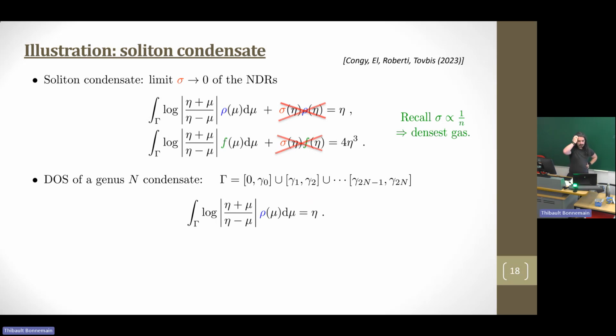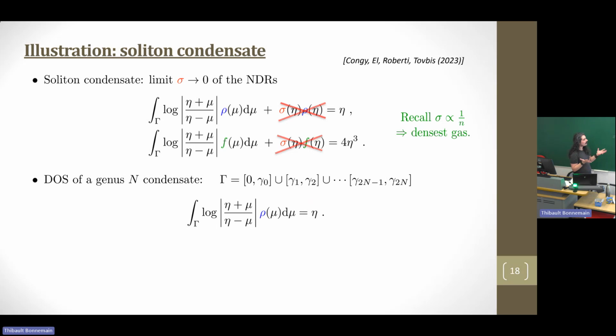Okay. So first, let me show you how to compute the density of states of a genus N condensate. So what I mean by genus N condensate is a condensate associated with N gaps in the spectral support. And here I'll be focusing on the first nonlinear dispersion relation, because the method I will use to solve it can be straightforwardly adapted to the system.